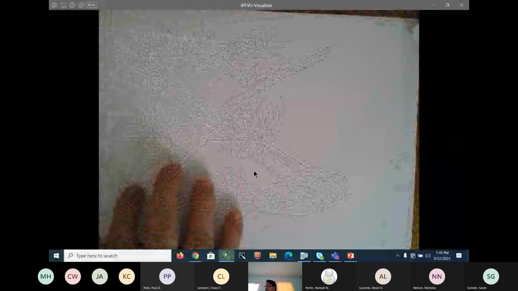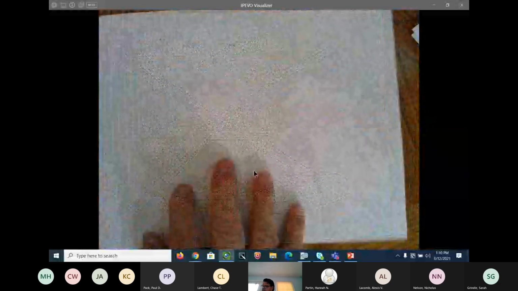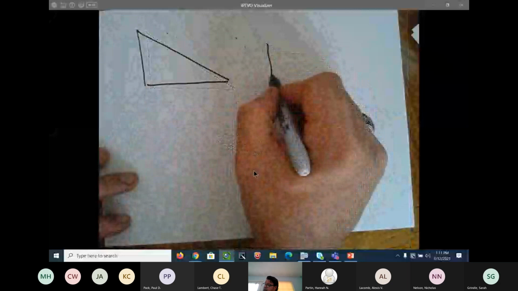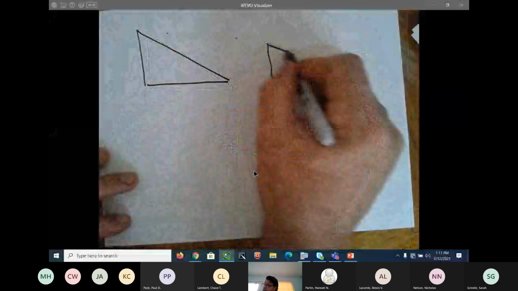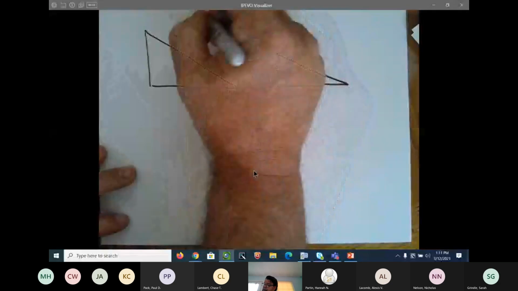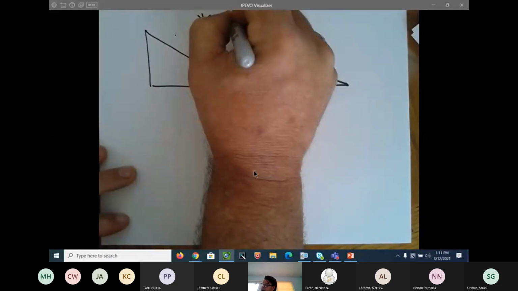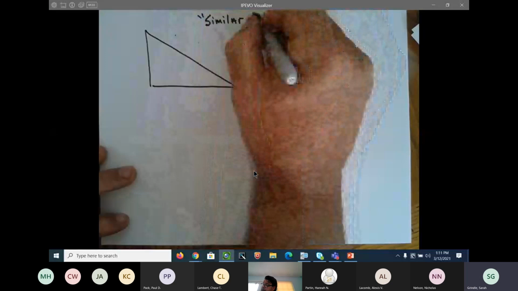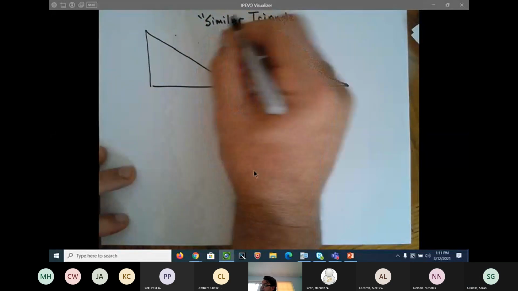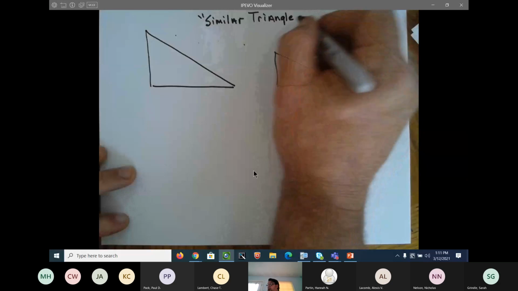This is the one I like when you're talking about direct proportion. I got a triangle and I got a little triangle. These are called similar triangles. Somebody tell me, is there a U here or is it I? Similar. I think it's similar.